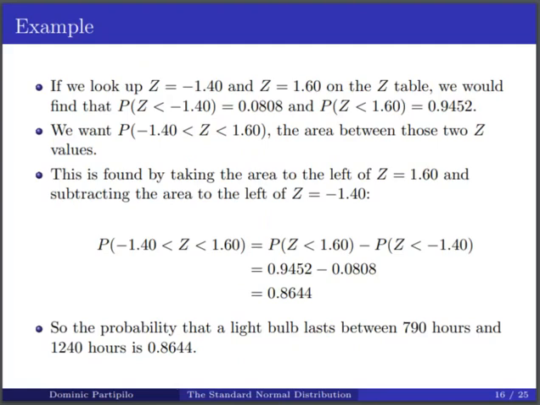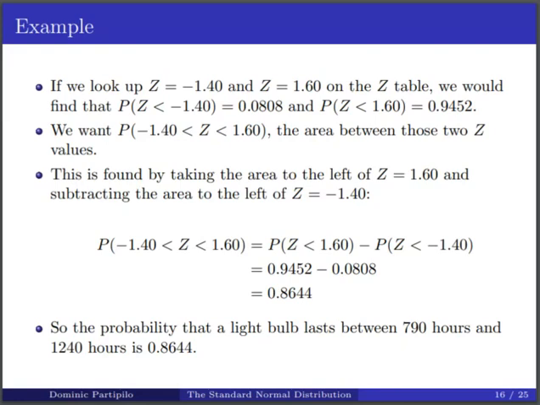If we look up these values on the z-table, we would find that the probability that z is less than -1.40 is 0.0808, and the probability that z is less than 1.6 is 0.9452. But what we want is the probability that z is between those two values, or the area between those two values.